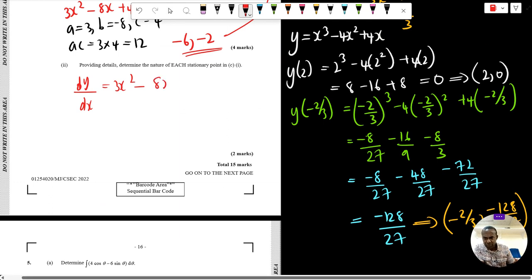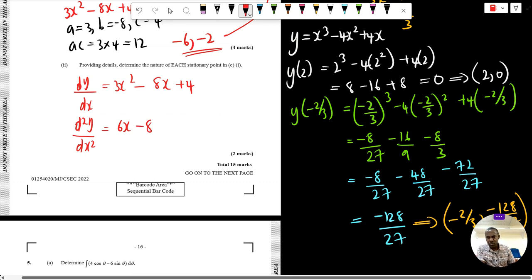And so our second derivative, d2y by dx squared, equals, 2 3s are 6, 6x minus 8.